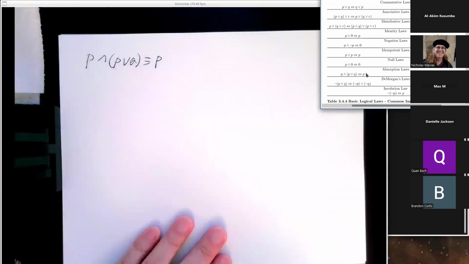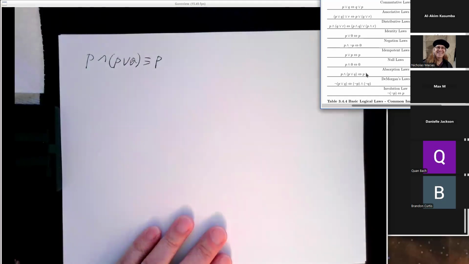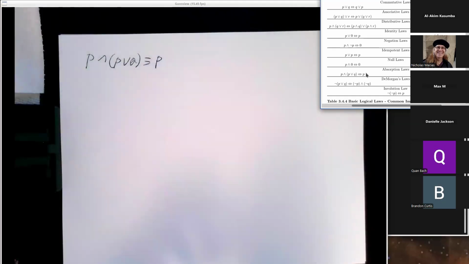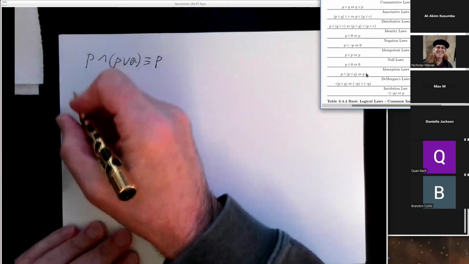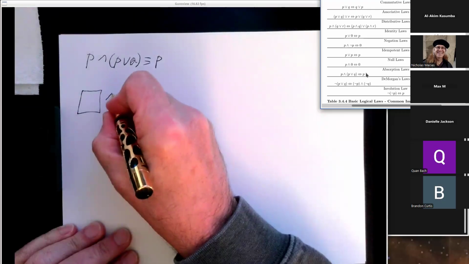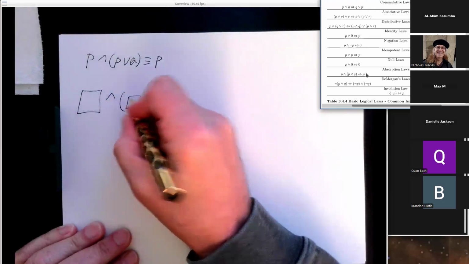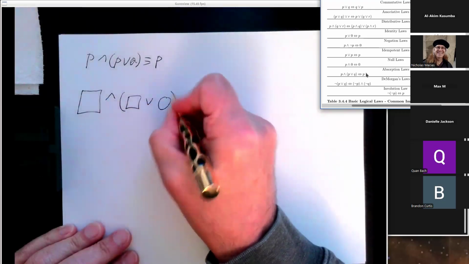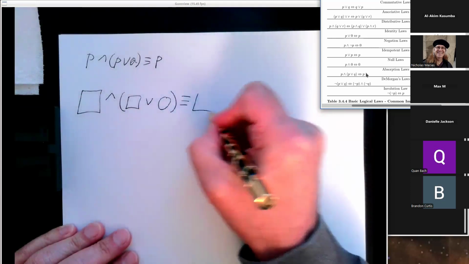And if I had some expression involving not P, I might not be sure what to do with this. So let me rewrite this in a different way. Instead of using letters as placeholders for propositions, let me write a box. I'm going to say box ANDed with (box or circle) is logically equivalent to box.